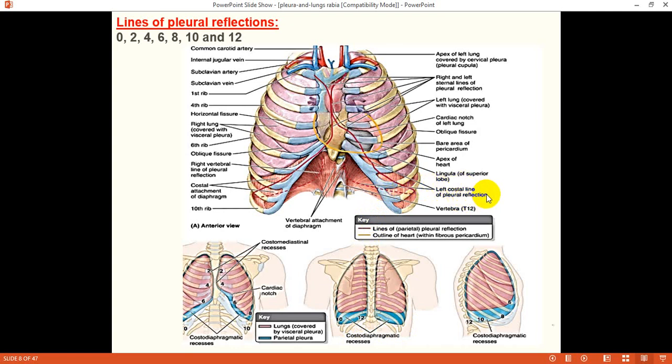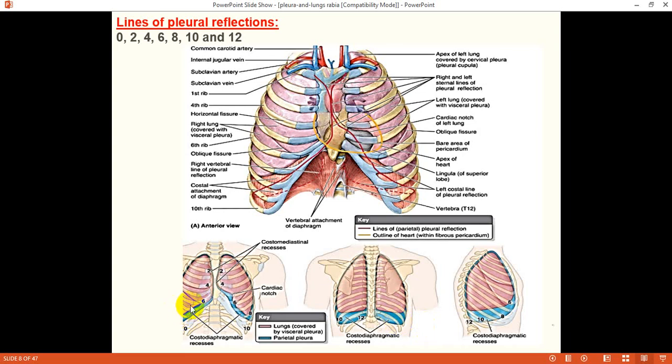Here the two recesses can also be observed again. The recess formed at the sternal line of reflection is known as the costomediastinal recess, and the recess formed here at the costal line of reflection is known as the costodiaphragmatic recess. Now with the reflections we can observe the extent of the costodiaphragmatic recess.